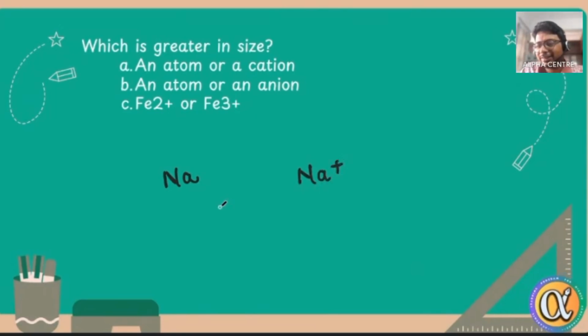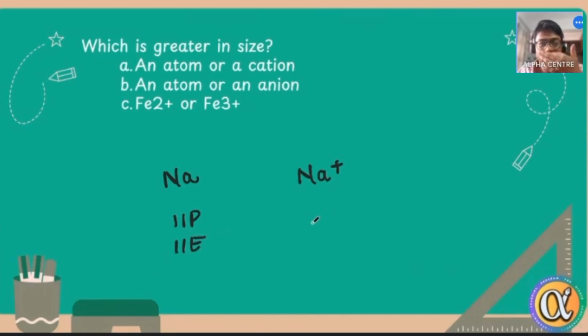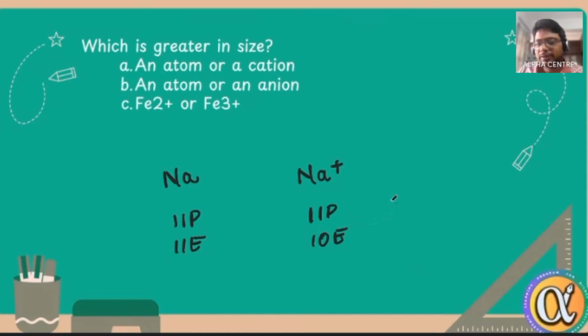Sodium plus. No. Sodium. Let me explain. Sodium has 11 protons and 11 electrons, and it has 3 cells. Sodium plus has 11 protons, but 10 electrons, because it has lost an electron. So the atom is larger.